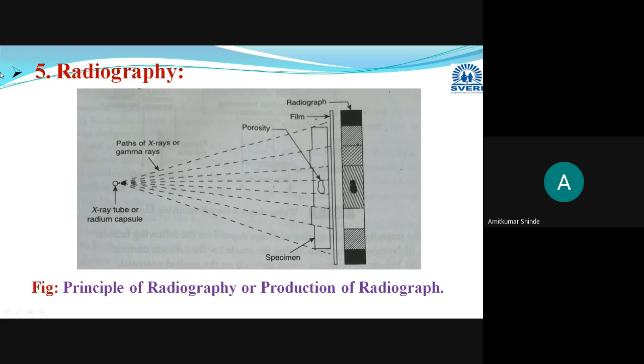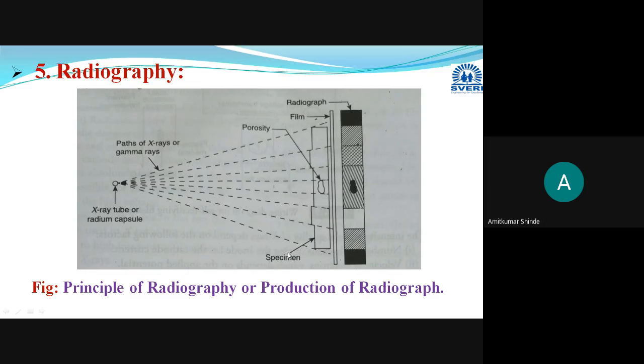If you have used gamma rays, then the wavelength will be shorter than X-rays, less than 0.02 angstrom. It has a very short wavelength, and due to that shorter wavelength only, they are able to penetrate any kind of material. These waves will be allowed to pass through the material under test. This is the test specimen.